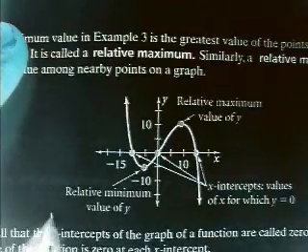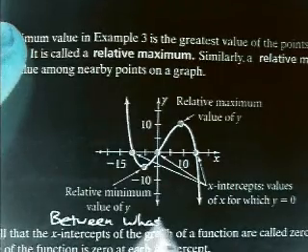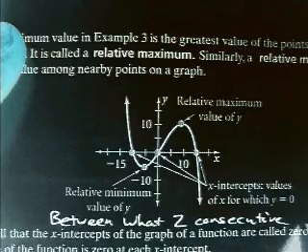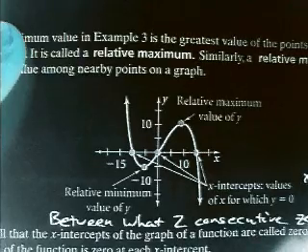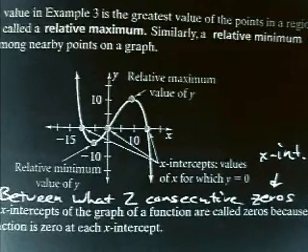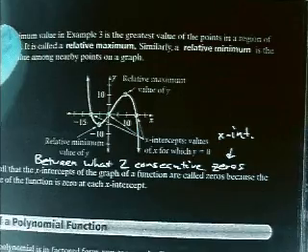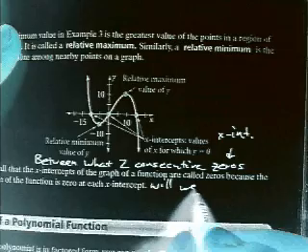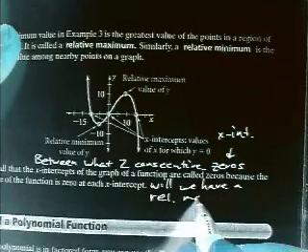But I will ask you between what two consecutive zeros. Now, what's a zero? Fancy term for an x-intercept. Between what two consecutive zeros will we have a relative max?